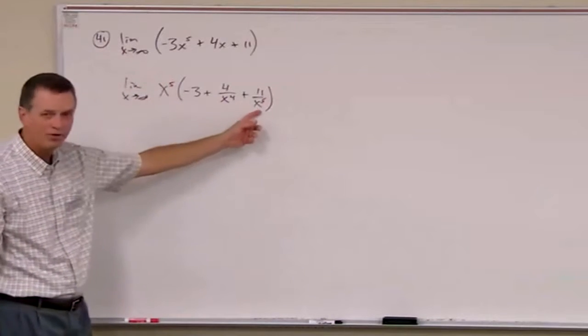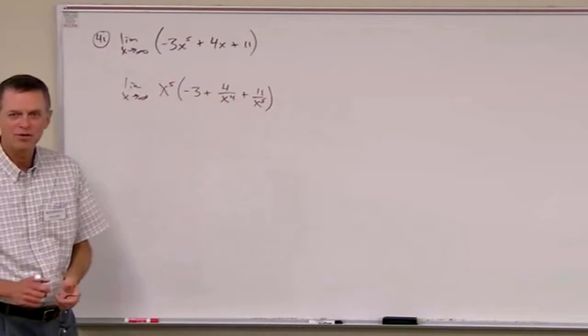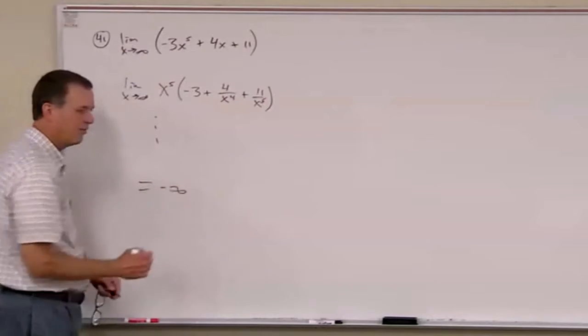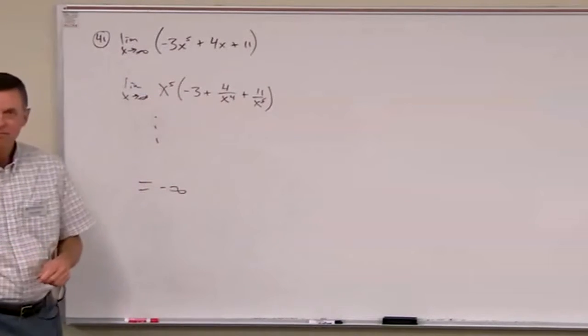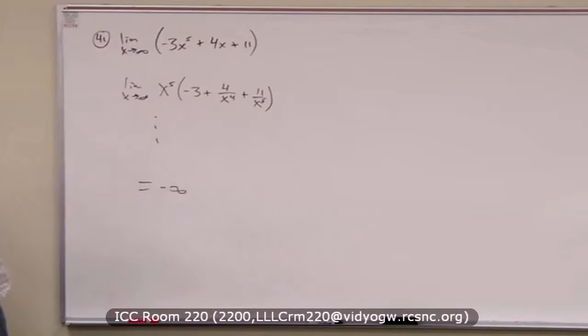Negative 3 plus 0 plus 0, which is negative 3. Negative 3 times infinity is negative infinity. We all see that, when it works, it's negative infinity.